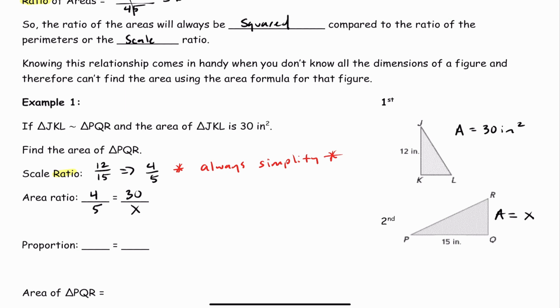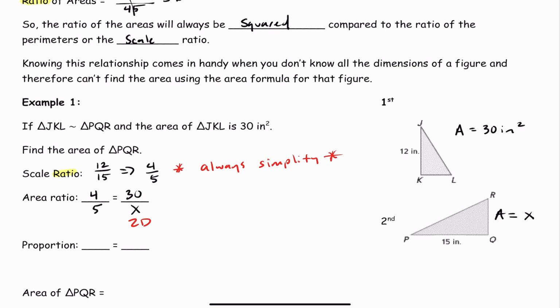So let me ask you this. So this 30 over x, is this ratio one-dimensional or two-dimensional? Two-dimensional, okay? So I'm going to write 2D below the 30 over x, just to remind myself that that is a two-dimensional ratio. That's basically the area ratio between these two figures, right?